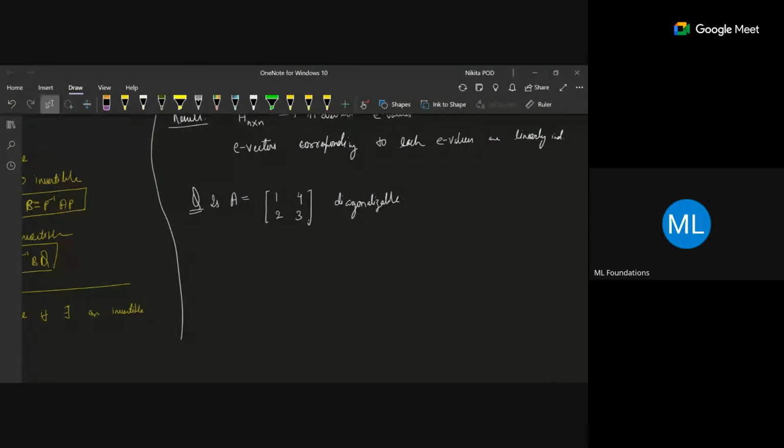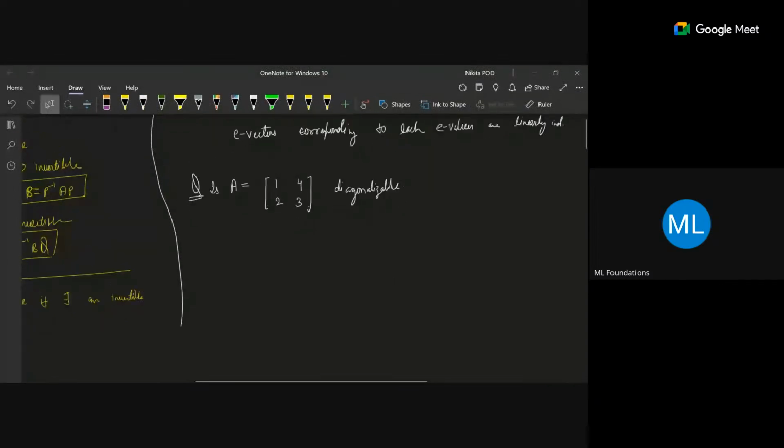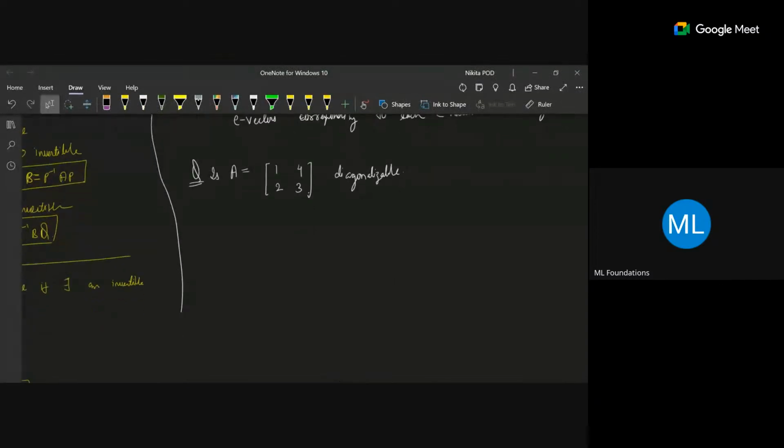I think this is already done in the lecture, right? So you must have done it. Yes, ma'am. What about this? If I say A is, let's say, 0 minus 1 and 1 comma 0, is this diagonalizable?